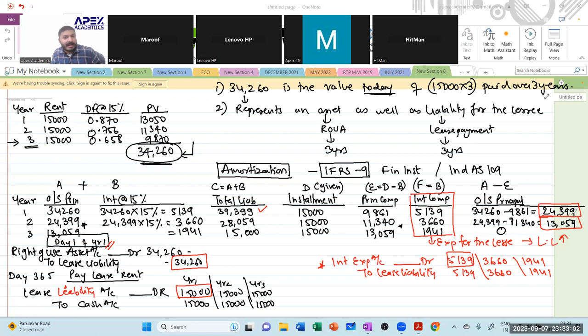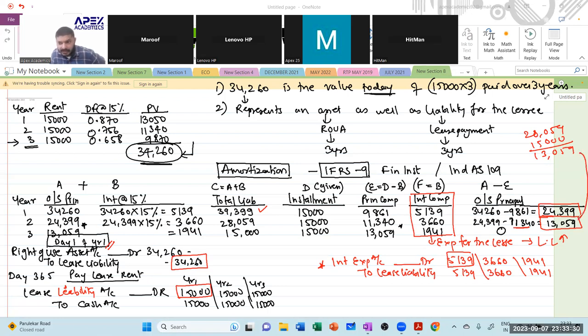Don't get confused when I say minus 15,000. You will say, but you have written 11,340. Yes, do the whole arithmetical calculation. Here, the impact of this is nothing but 28,059 minus 15,000. How much do you get? 13,059.